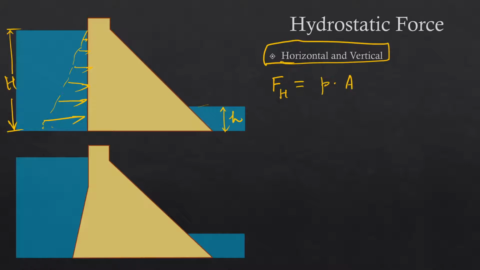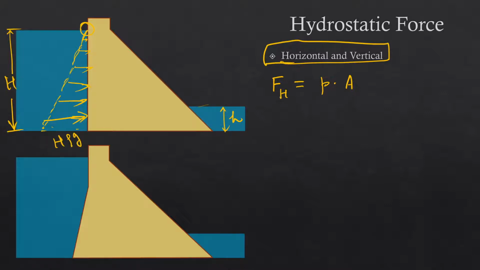Now the pressure in this case is variable, it is not a constant pressure. So we may take the average of this pressure between 0 and this value, which will be H rho g.